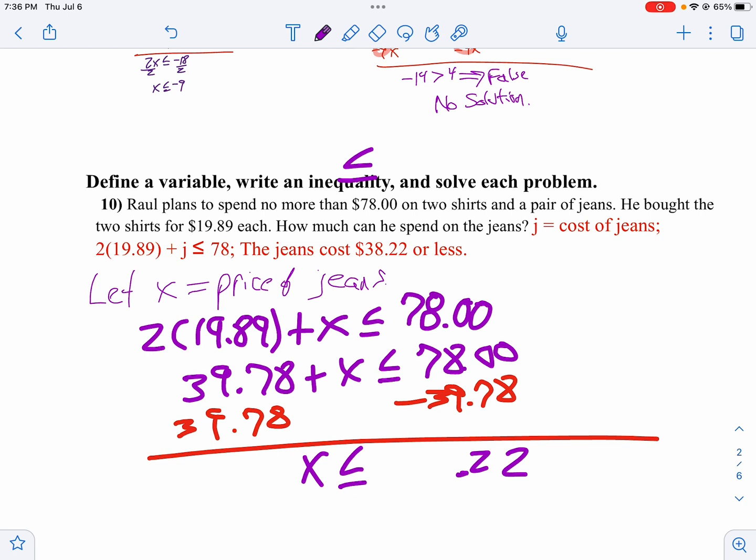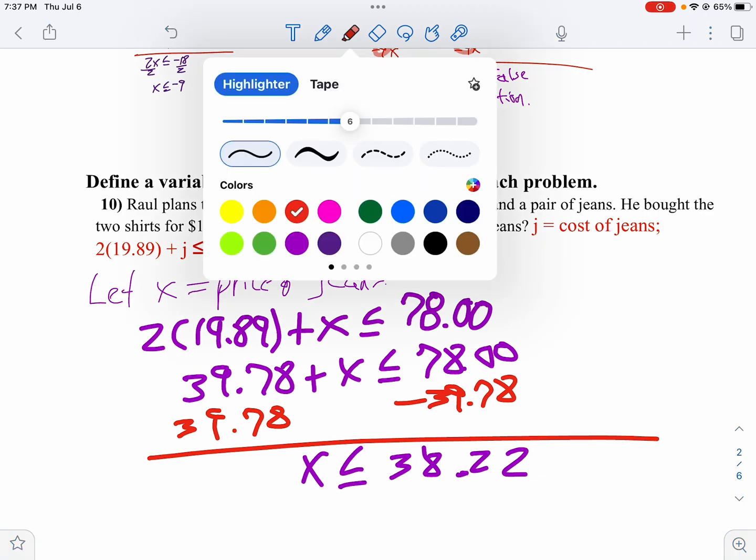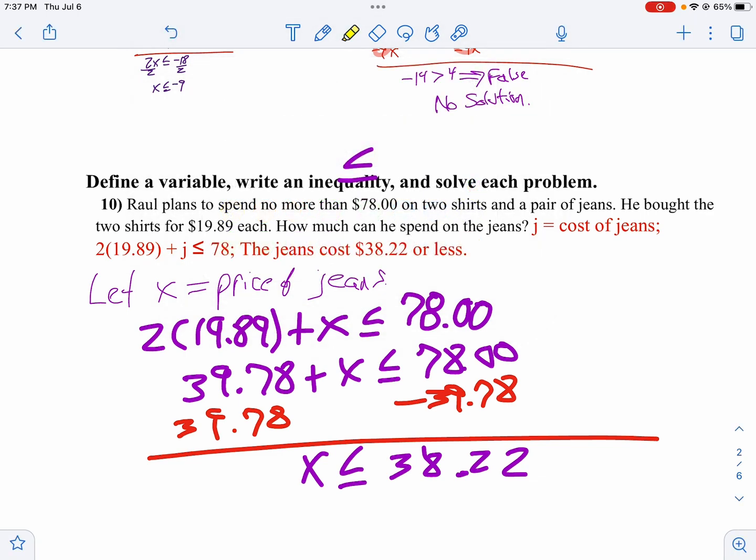And let me see, 17 minus 9 is 8. And 6 minus 3 is 3. So he's going to spend less than or equal to $38.22 on the jeans. Since it's a word problem, make sure you answer in a complete sentence. So the jeans should cost $38.22 or less.